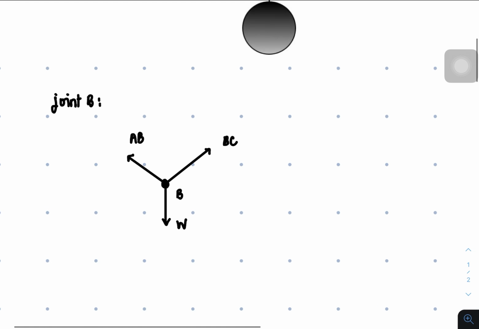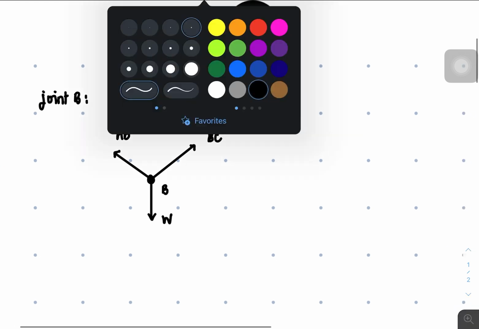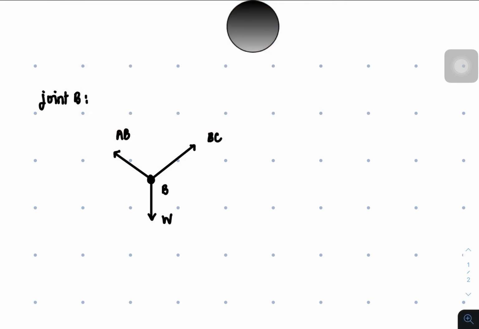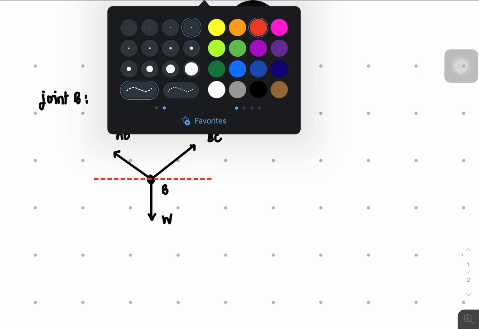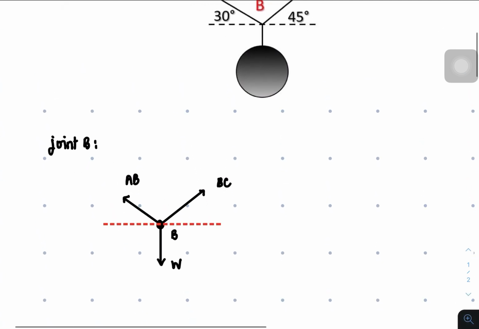That's the force system. So I'll just draw a line for the reference of the angles, and then this is the angle; let's just copy the angle of inclination, angle 45 here and angle 30.